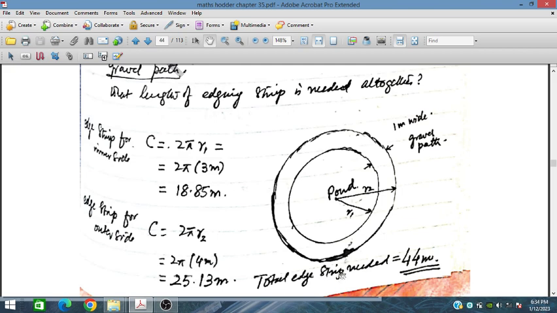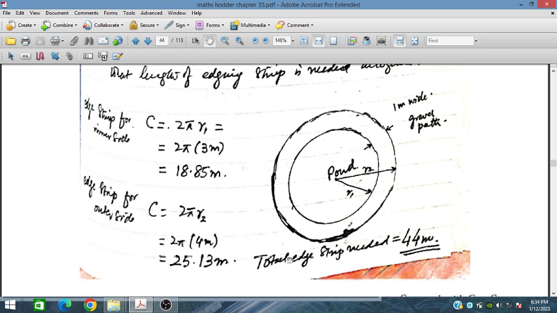The total edge strip needed is approximately 18.85 plus 25.13. So we add that, which gives around 44 meters. So the edge strip is needed for this circumference and the outer circumference. So the total edge strip needed is 44 meters.